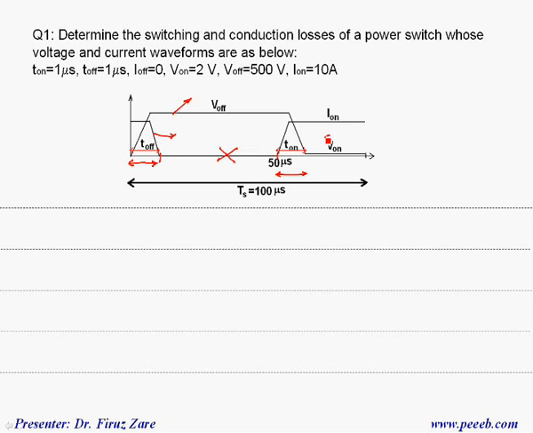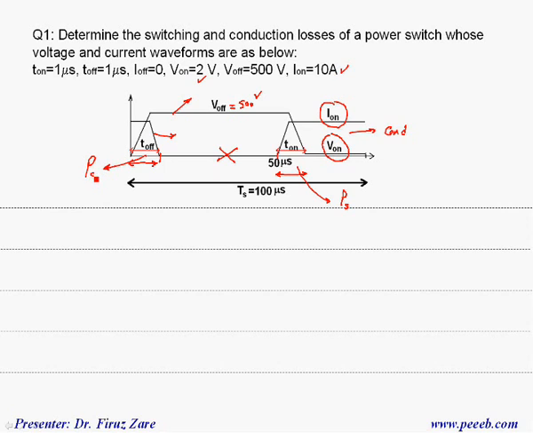So the voltage drop across the switch is V on, which is basically 2 volts, and the current through the switch is 10 amps. When the switch is off, the voltage across the switch is 500 volts. So we can find the conduction loss when the switch is on, and we can find the switching loss when the switch is getting on and off.